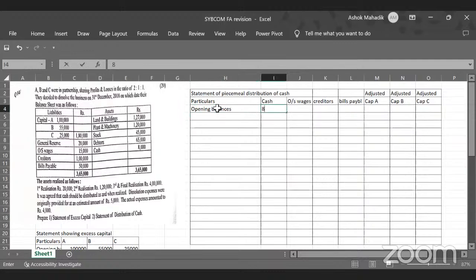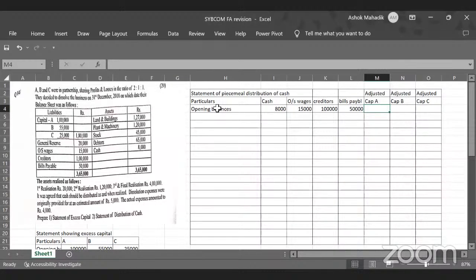How much cash do we have? 8,000. So I'll write 8,000. Clear? Outstanding wages amount 15,000. Creditors 1 lakh. Bills payable 50,000. While writing capital, always remember we have to write adjusted capital, that is after adding the reserves.